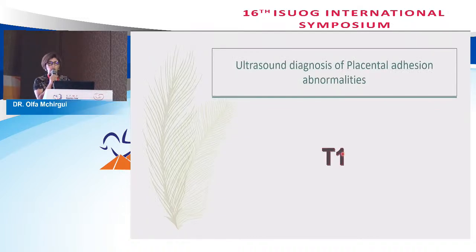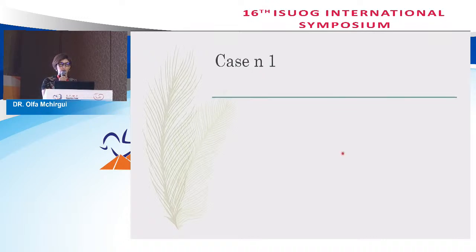As you all should know, placenta accreta and previa can occur in the first trimester. That's why we shouldn't miss it. And we proceed to our first case, a 35-year-old with a history of a C-section, consulting during the first trimester.